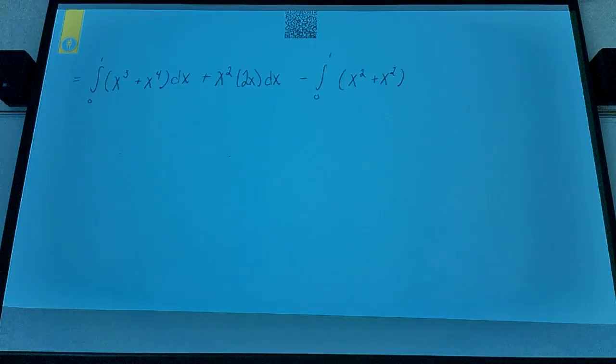Plus x squared times 1 dx. It would be like that, wouldn't it?